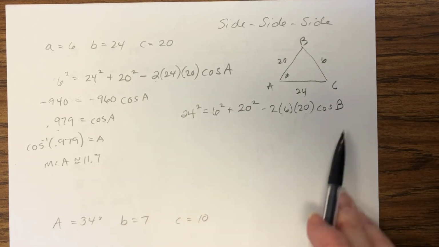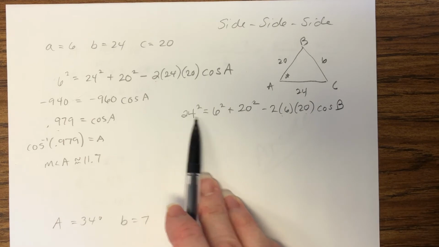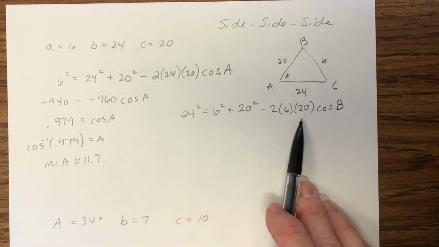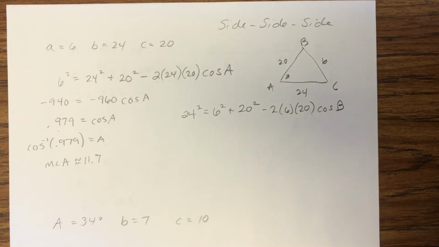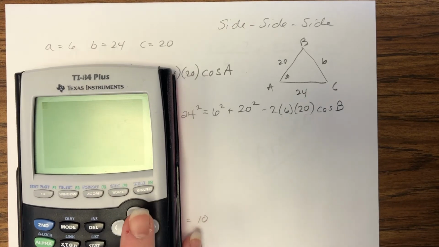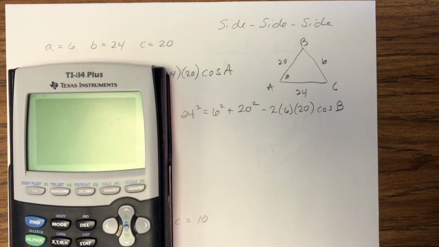Now, I can do this in my calculator all at once. I can take 24 squared minus 6 squared minus 20 squared divided by, I'm going to put parentheses around that, and then take the inverse cosine of that. So I'm not going to take any extra time of yours writing this all down, and I'm just going to do it on my calculator.